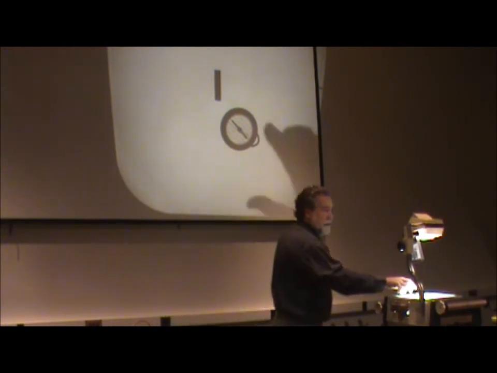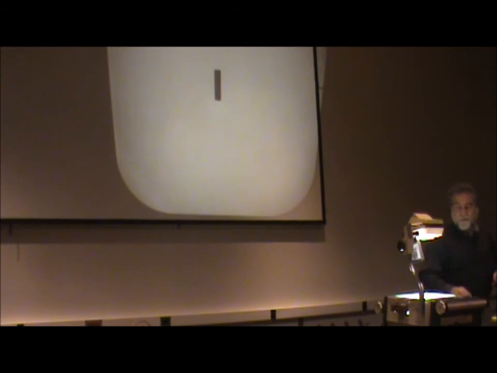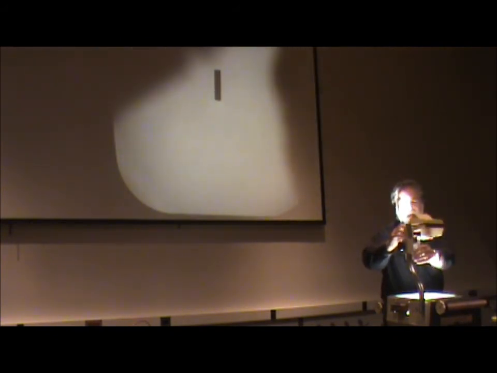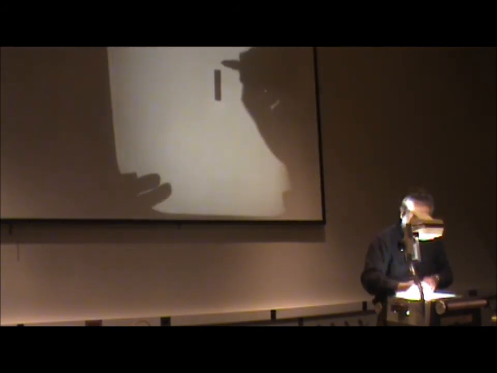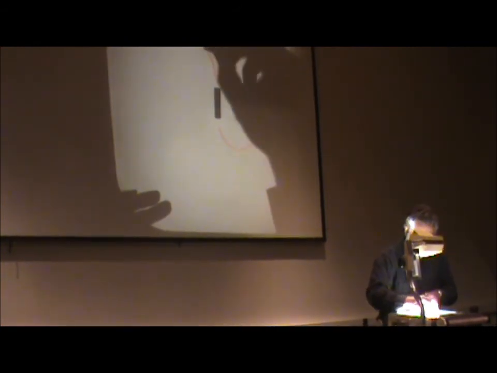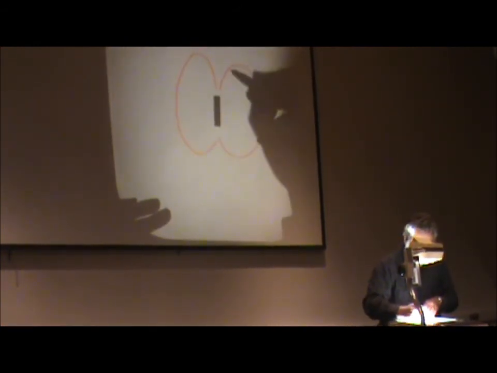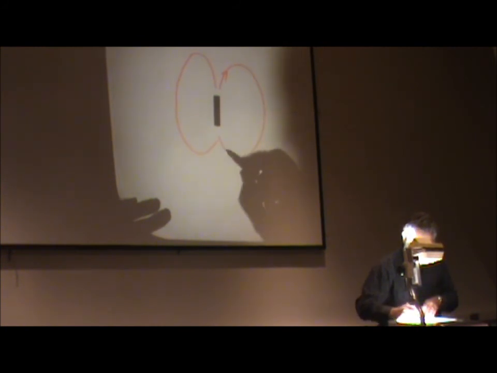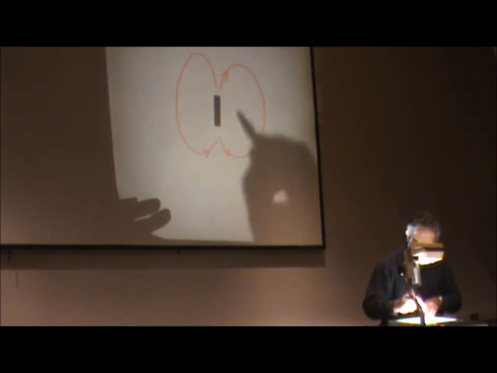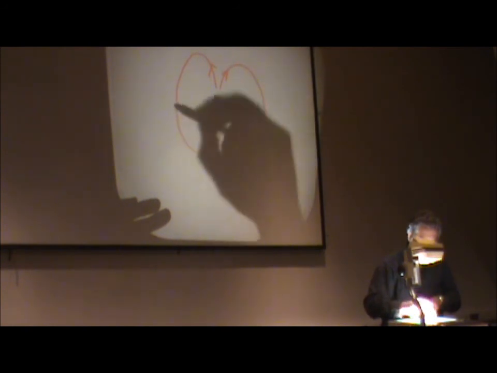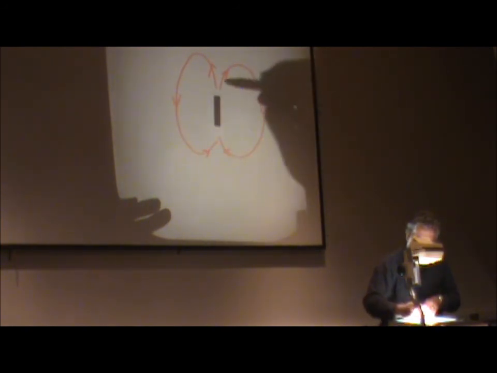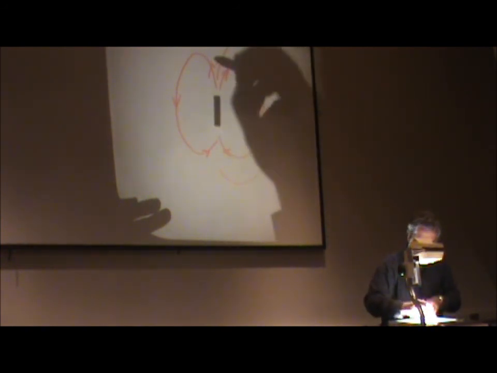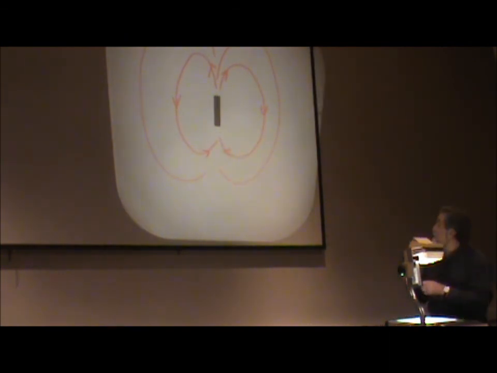So I can think here of a magnetic field that's going to act on other magnets that looks something like this. In, out. That's the pattern as I saw it.